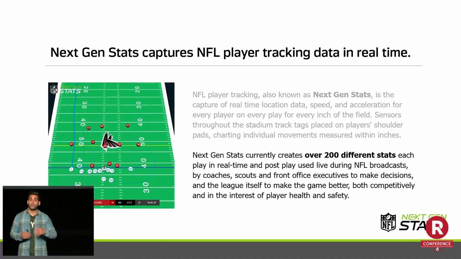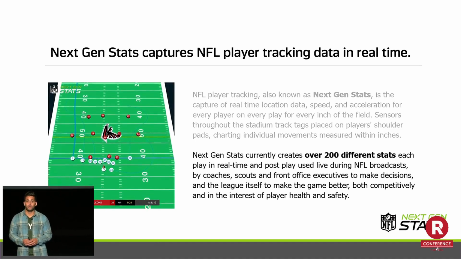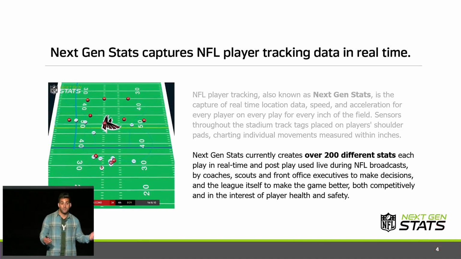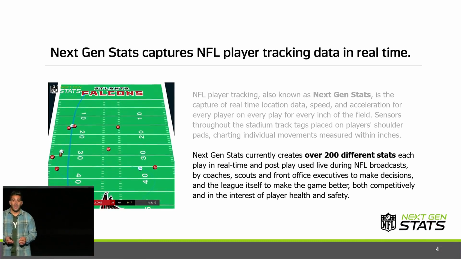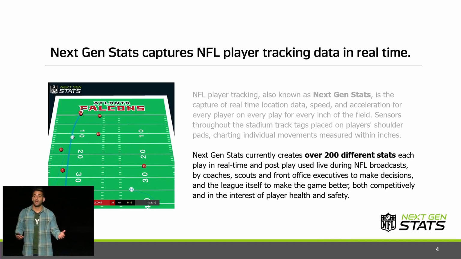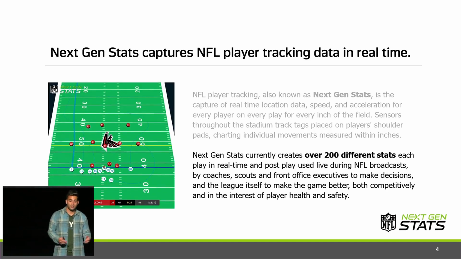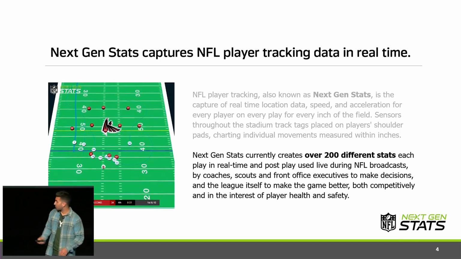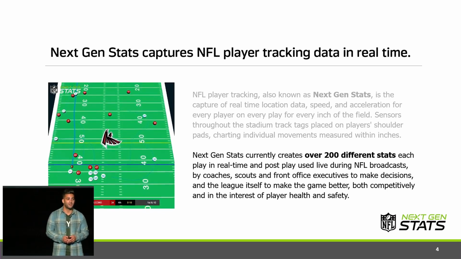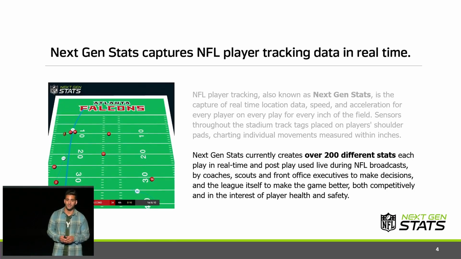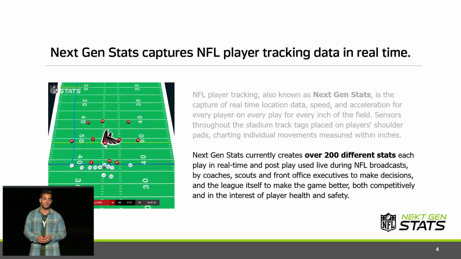So with all of this data, we are able to create a significant number of metrics. And as you can see on the left, that is a play that we can recreate on a two-dimensional dots with our data. So the play on the left is the longest pass completed in the Next Gen Stats era since 2016. And I'll go deeper into this play on how we can break down some of the stats within it.